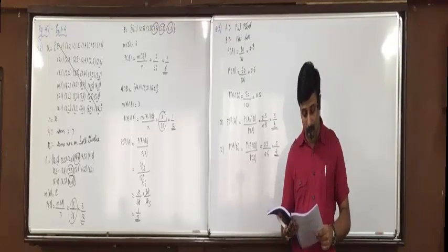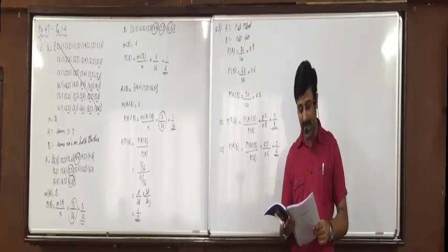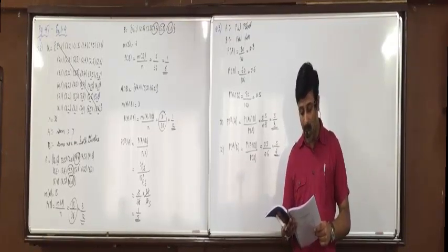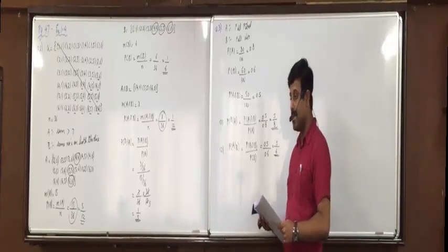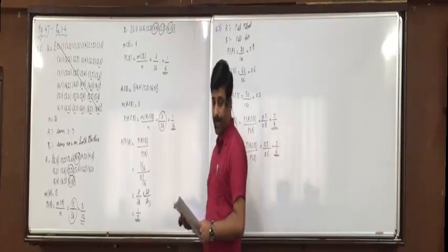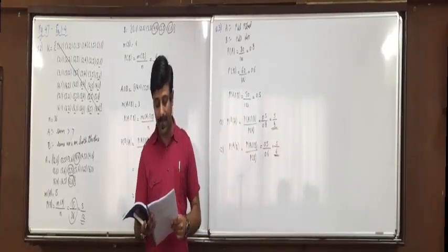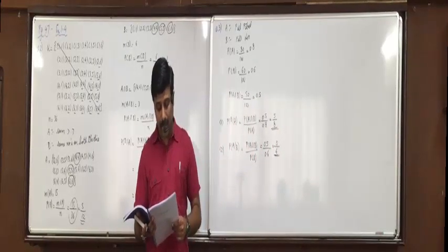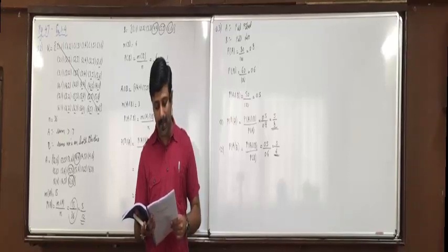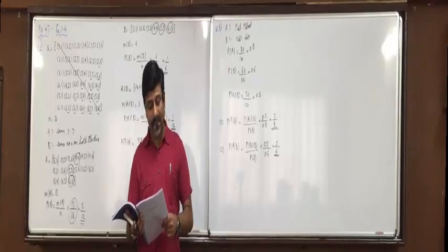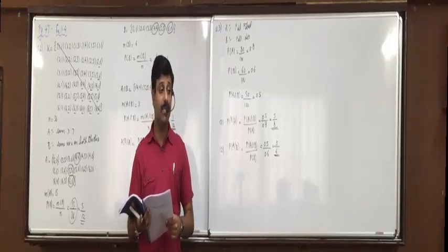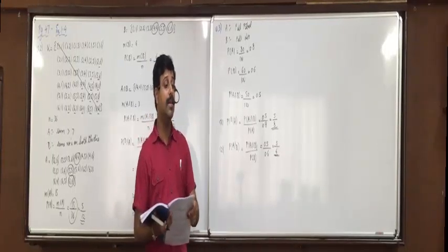If one of the account holders randomly selected from this bank holds a current account, then, if, mark it as slash current account, that is B. Find the probability that he holds a savings account, that is A. Means what is required? A slash B. We have to find the probability he holds a savings account.